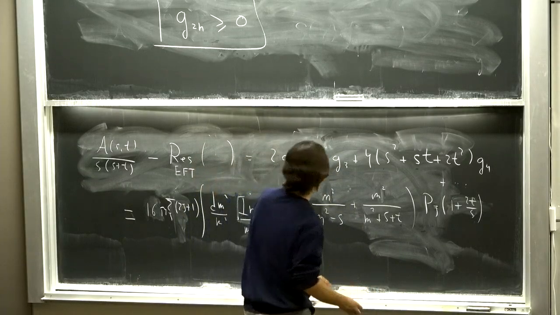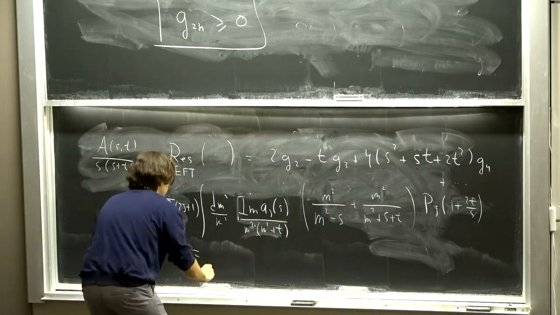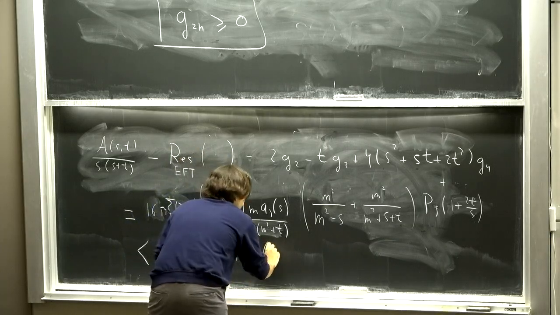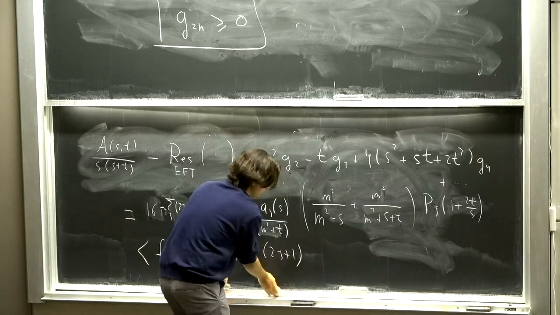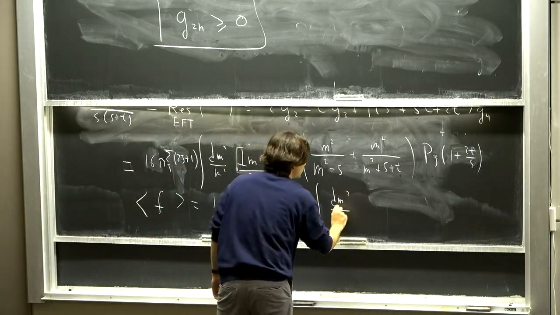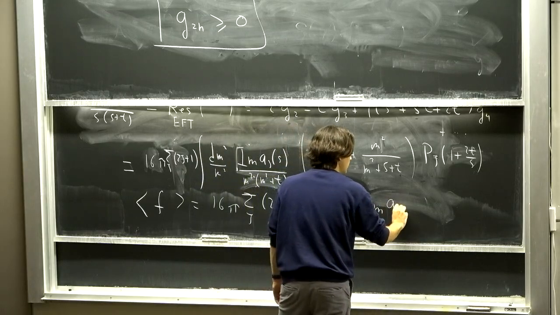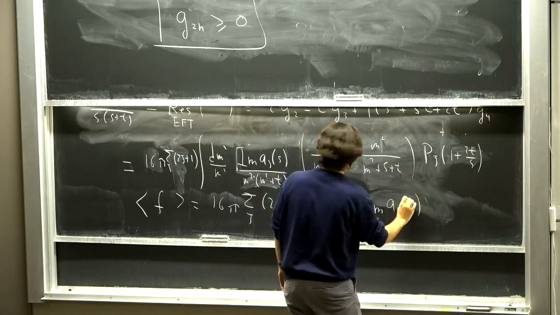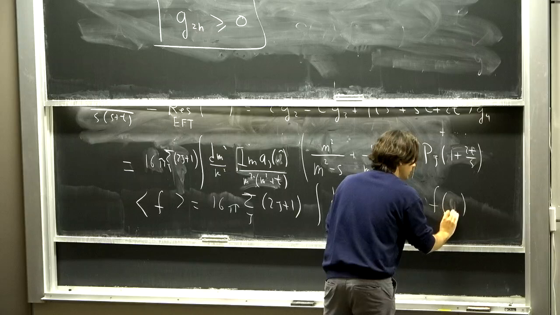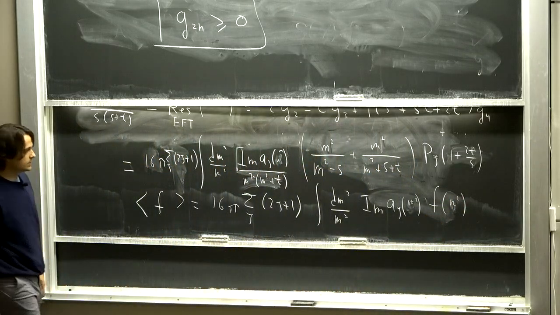Okay, let me just be super precise. The average of f is 16 pi, 2j plus 1, integral dm squared over m squared. That's what this bracket means.